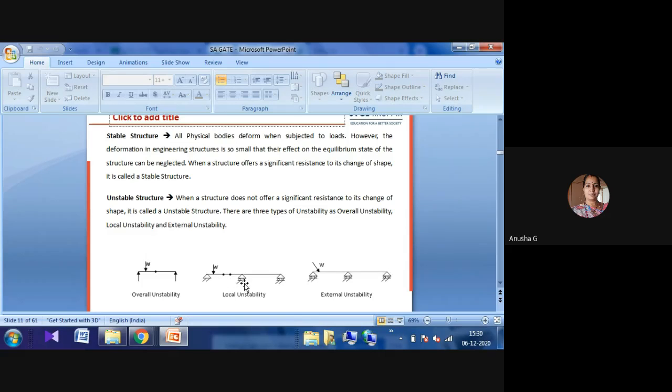For one continuous side support, the same loads will be applied here. Due to that, local instability develops internally. External instability is due to wind forces and other imposed forces. Simultaneously, here you can observe the external instability forces. This is one of the methods.